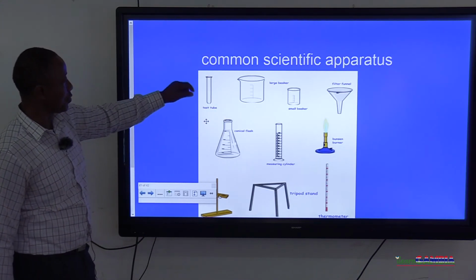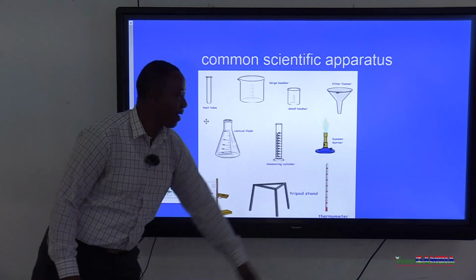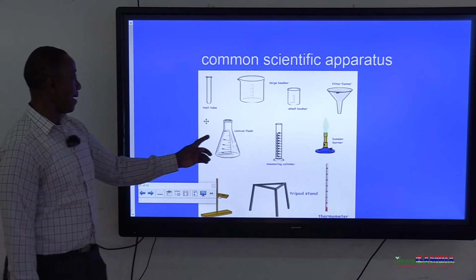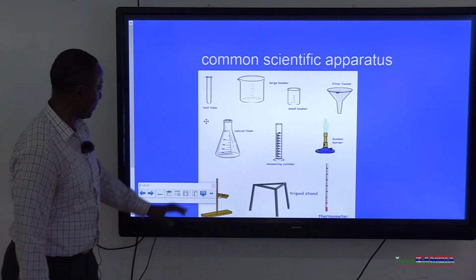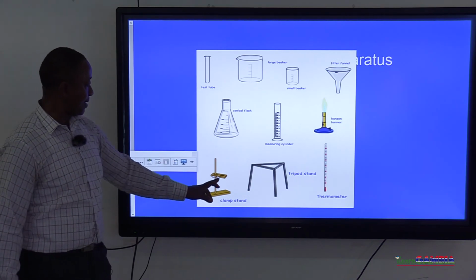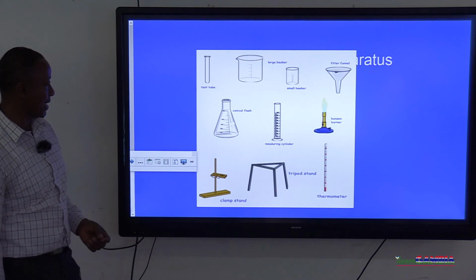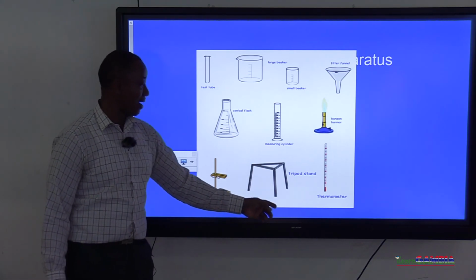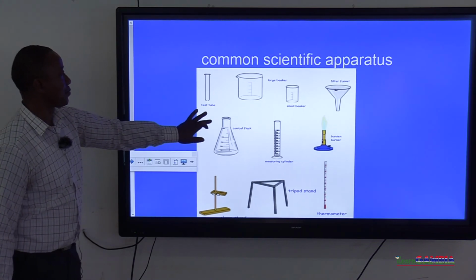We have a test tube, the beaker, larger beaker, small beaker. We have a filter funnel, a conical flask, a measuring cylinder, the Bunsen burner, and a clamp stand, which others will call a retort stand. We have the tripod stand and the thermometer. So these are all apparatus that we use.